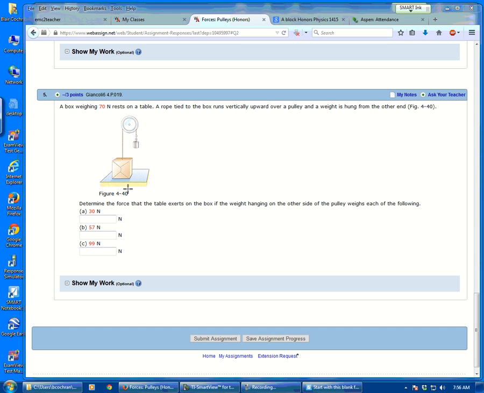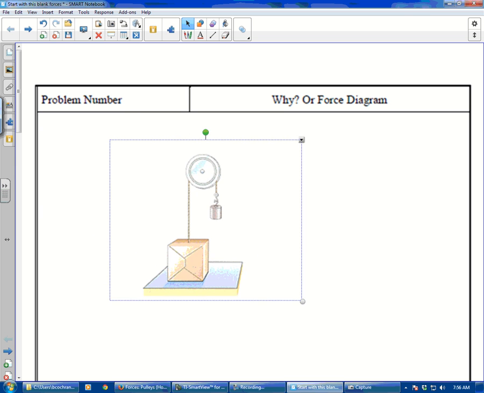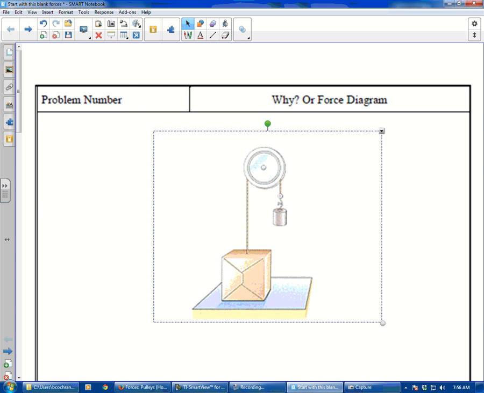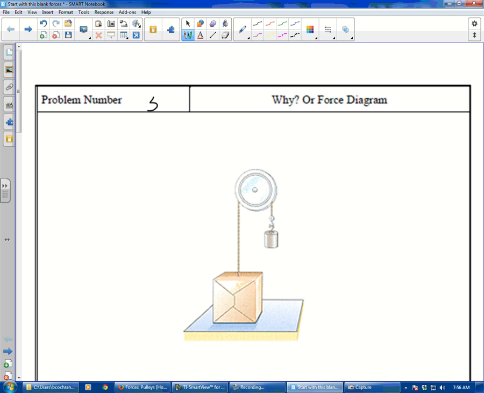Rather than me trying to draw that, capture it. Right. So, we have 5.